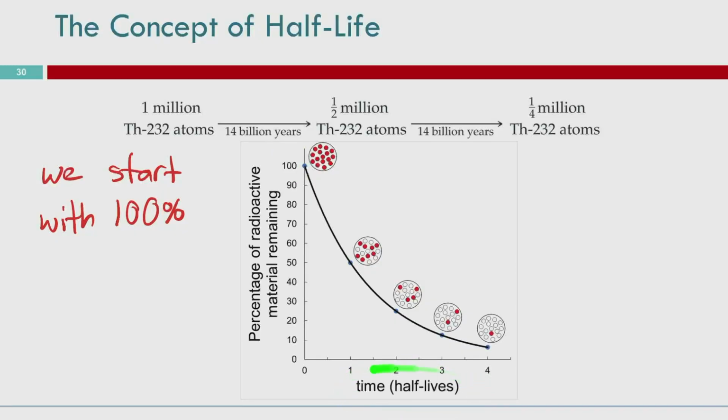And then we've got our half-lives measured here on the x-axis. So at one half-life, we're down to half the amount, 50%. We cut that in half again after two half-lives, so we're down to 25%. We cut that in half again at 3, so we're down to 12.5%. And for 4, we cut it in half again, so we're down to 6.25%. Just sequentially cutting it in half.